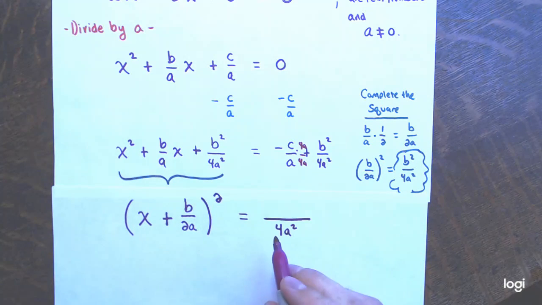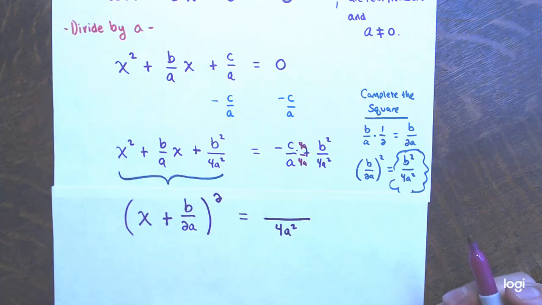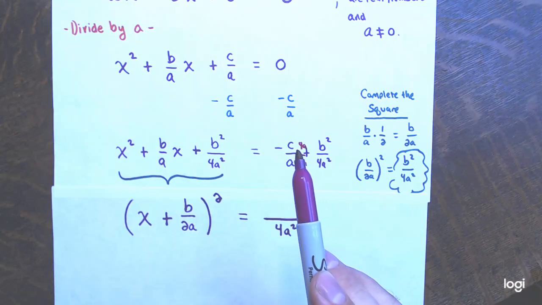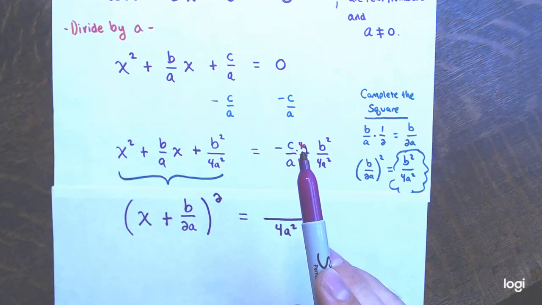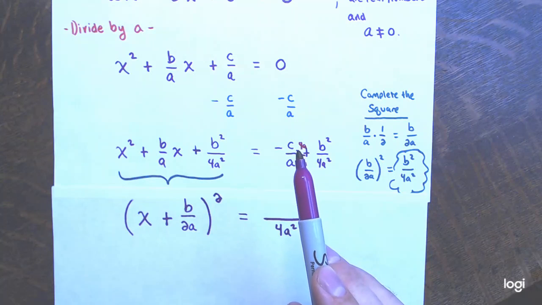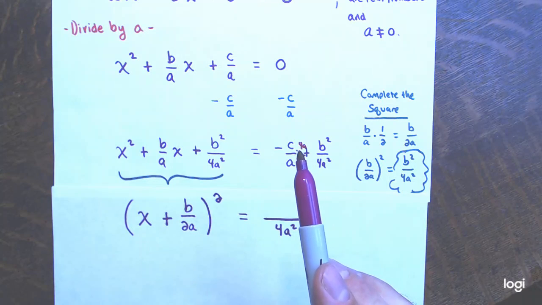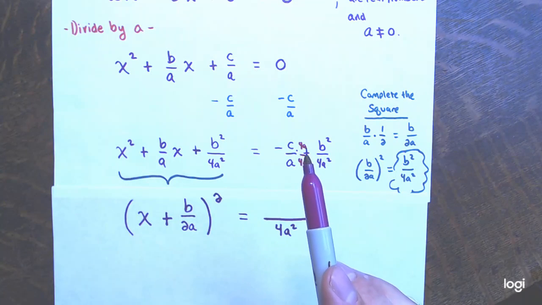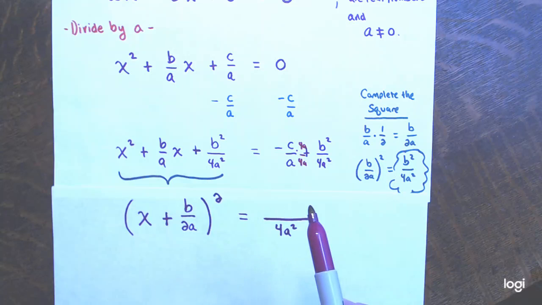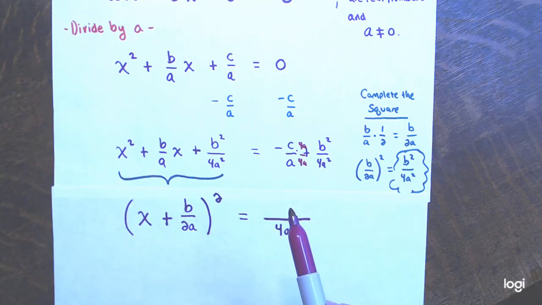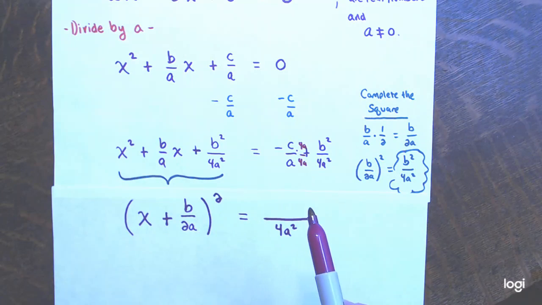Common denominator stays the same when you add, and then you combine the numerators. So this first numerator would be negative c times 4a, or negative 4ac, and then plus b squared. Now you can write that, negative 4ac plus b squared, in the numerator here.